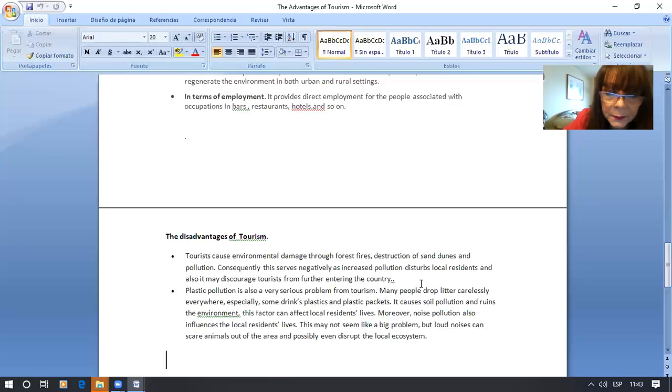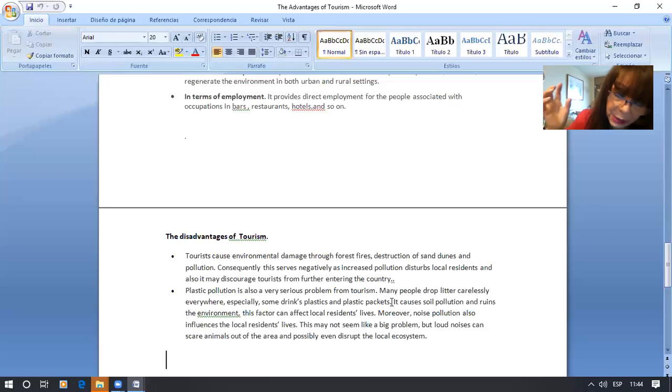Well, many people drop litter carelessly everywhere, especially drinks, plastics, and plastic packets. Drinks, plastics, as I told you, like Coke, for example, the typical soft drinks that we have, juices, etc., and plastic packets. So packets that are made of plastic that we have, for example, sometimes you go to a supermarket or to a restaurant and you want to eat something fast.